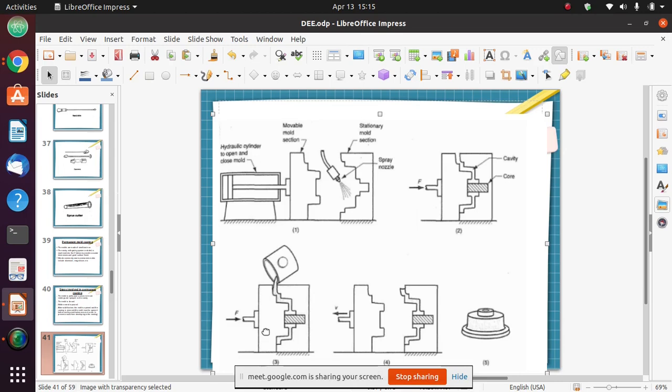A very common defect in permanent mold casting is once you pour your molten metal into this cavity, since the permanent mold cannot change its shape, it is permanent. Once that metal is contracting, kuna places solidifying, there are places in that cavity that will not allow that metal to solidify vizuri. So you'll find that there are cracks in the casting.